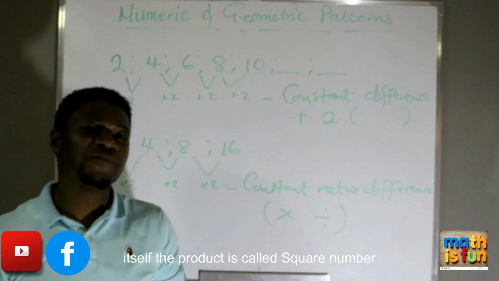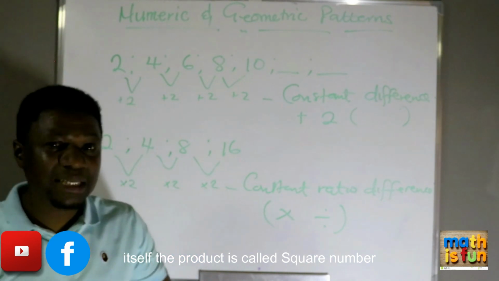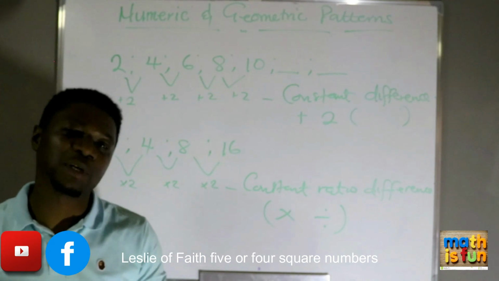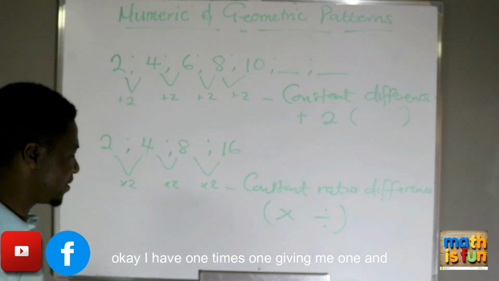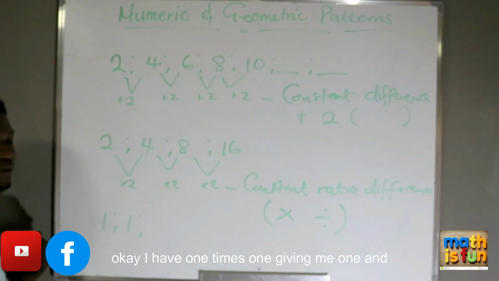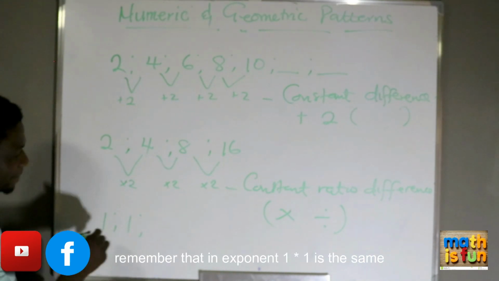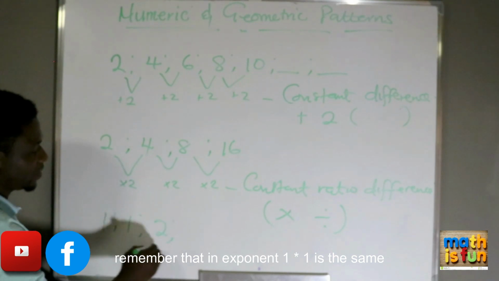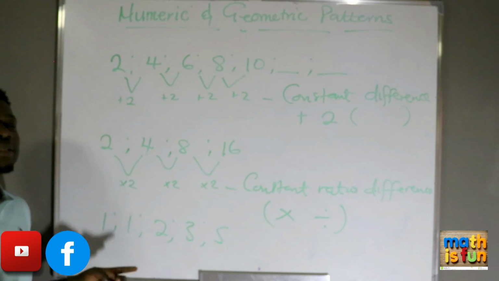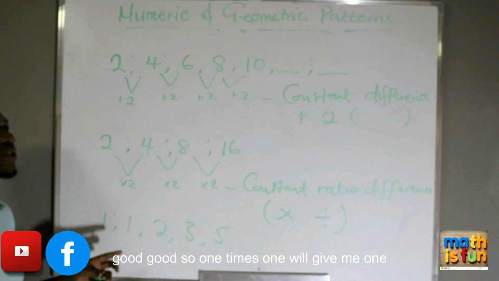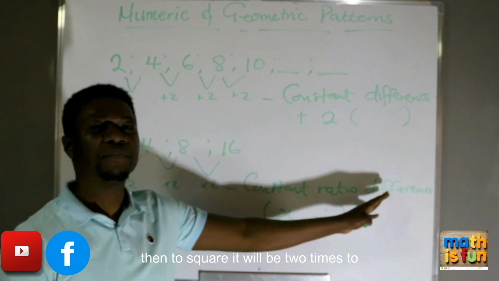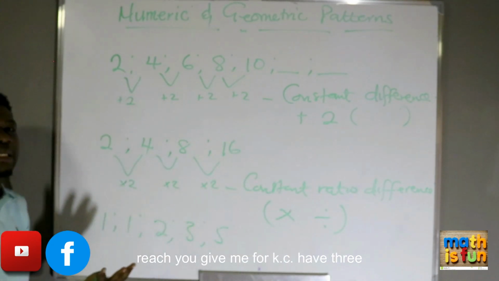There will be some few patterns that will not follow these two orders that we've spoken about here. For example, you will be given 1, the next one will be 1 again, then we get 2, we get 3, we get 5. This particular sequence does not have a constant difference or a constant ratio. But what is it?